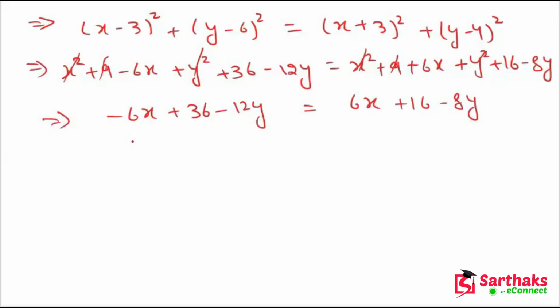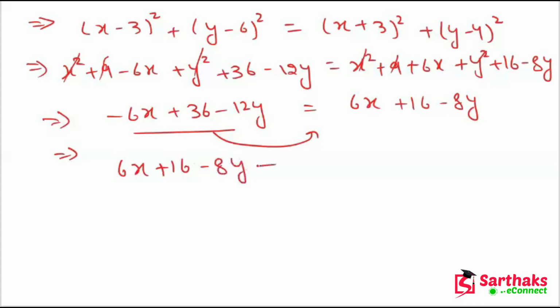Now let's shift these terms to the RHS. All the signs will be changed. So it will become 6x plus 16 minus 8y plus 6x minus 36 plus 12y, which is equal to 0.